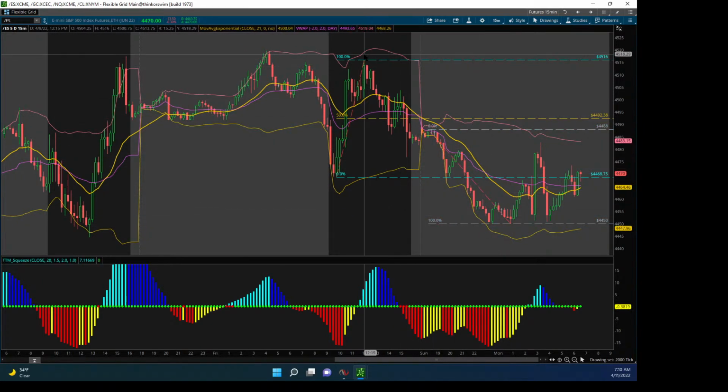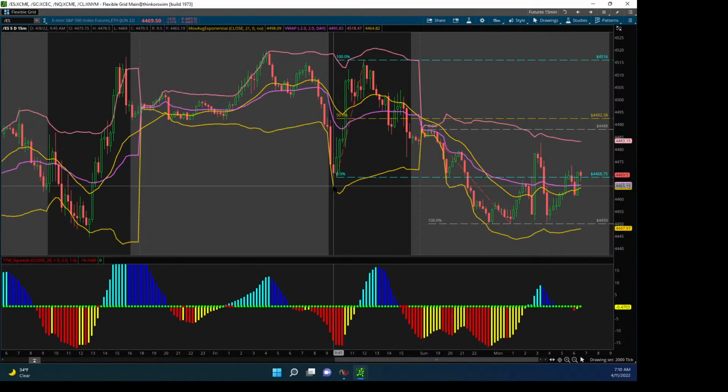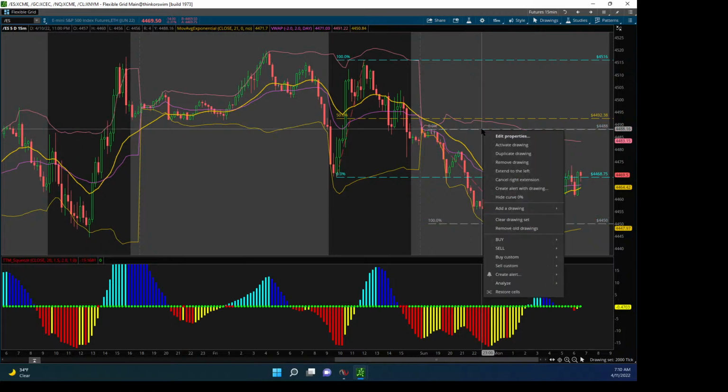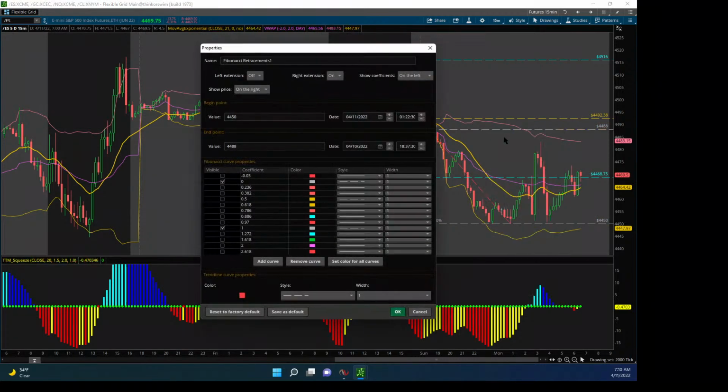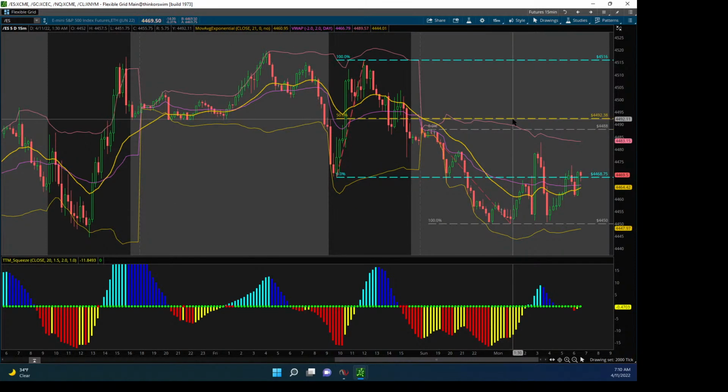Yesterday in the video, I put the previous day high and the previous day low. So these are Fibonacci's. Let's see the properties here. I do have 0, 1, and in this one I do have 0, 1, and 50%. So these are the levels.